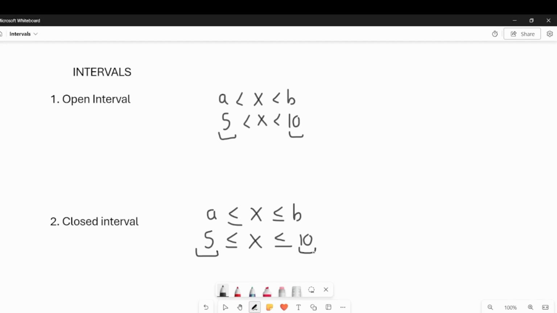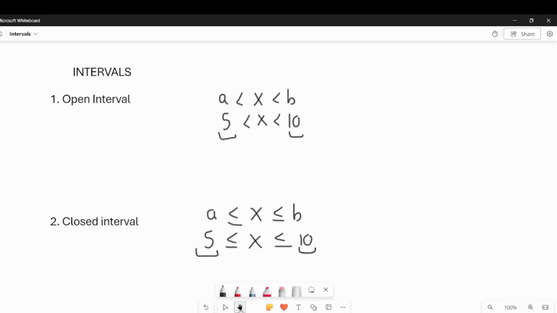That means it can be 5, 6, 7, 8, 9, 10, and there will be decimal numbers in between also. You can also consider them. For simplicity, I'm just taking whole numbers here. So this is the difference between open interval and closed interval. In open interval, you do not consider the end points, but in closed interval, you consider the end points also.